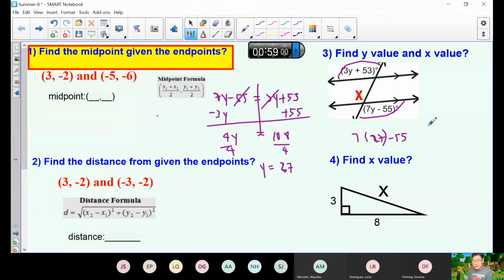So 189 minus 55, so this is 134. That's x value, right? This angle is 134. And of course, x is also 134 because it's vertical angle. Okay.